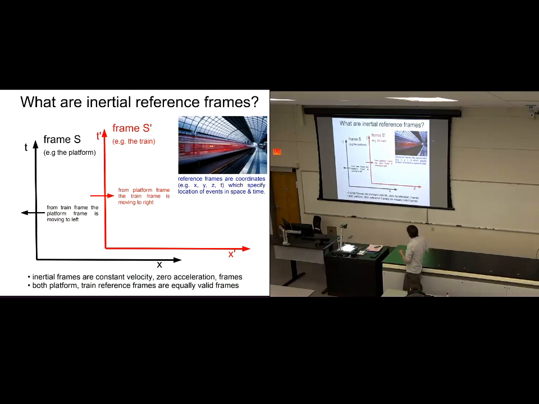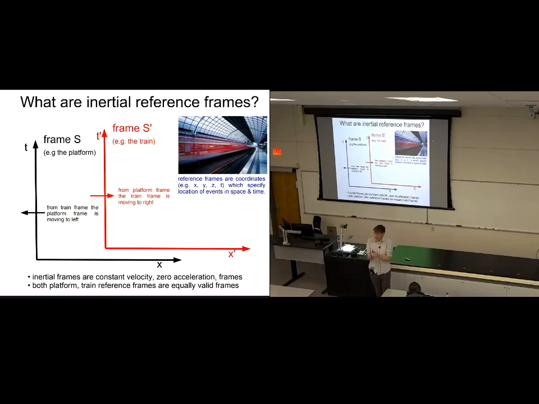This picture here is of a train that's passing through a station. It's traveling through the station. The train's not stopping at the station, it's passing through the station. And it's an example of two different reference frames, two different coordinate systems. One of the reference frames is the platform reference frame.